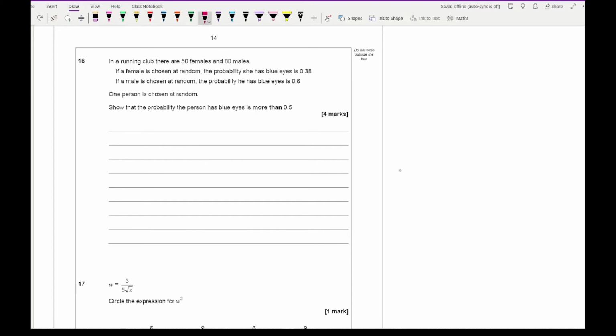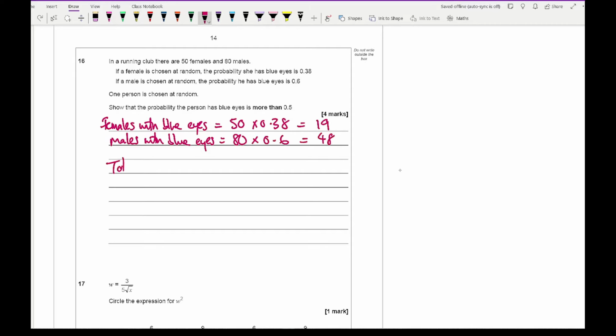So for here, let's have a look at the number of females. So females with blue eyes, and that's going to be done by doing 50 times the probability, which is 0.38, gives me an answer of 19. Then we look at the males with blue eyes, and that's going to be 80 times 0.6, which gives me 48.